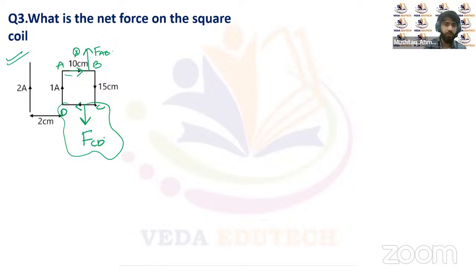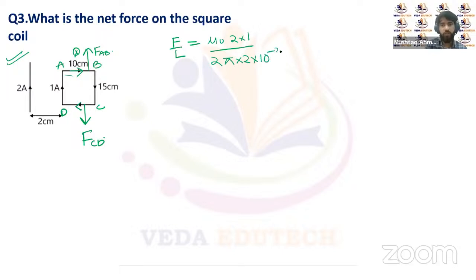Talking about CB and AD, let's first talk about AD. We know the force per unit length will be equal to mu naught I1 I2 times 1 upon 2 pi d, 2 pi times the distance. The distance here is 2 centimeters, so we'll multiply by 10 to the power minus 2, right? So this much force will be per unit length.